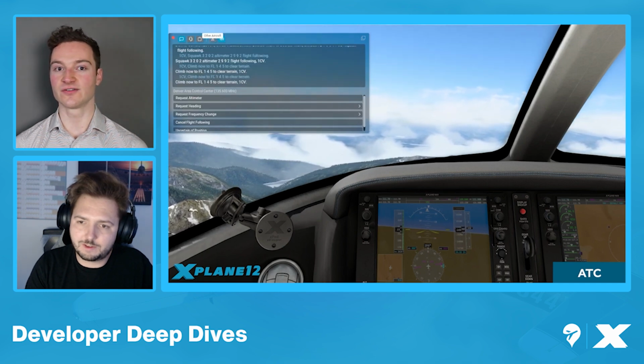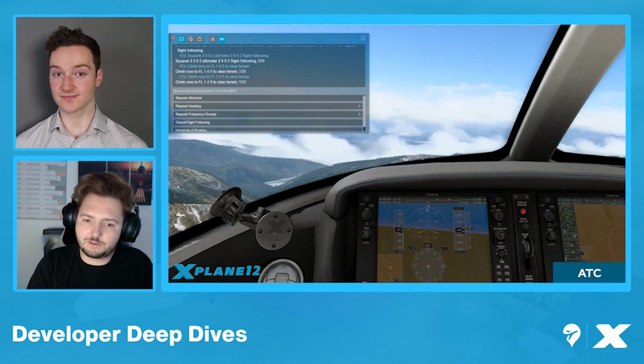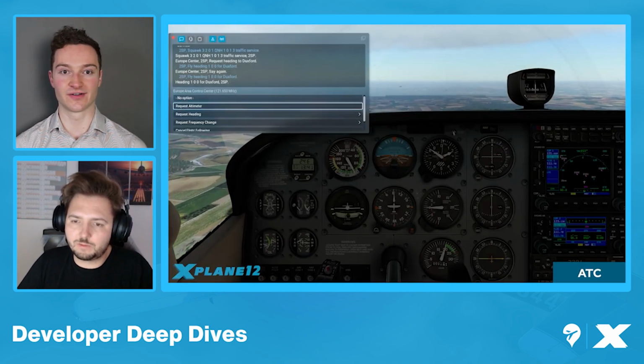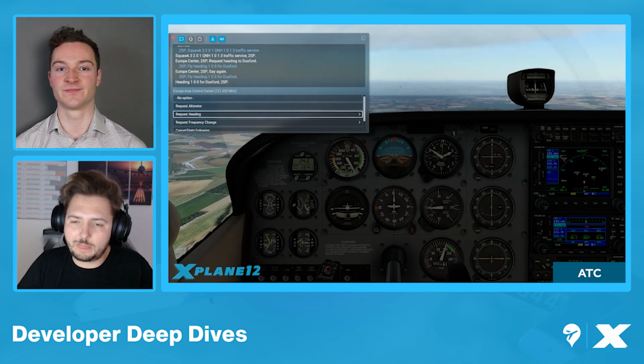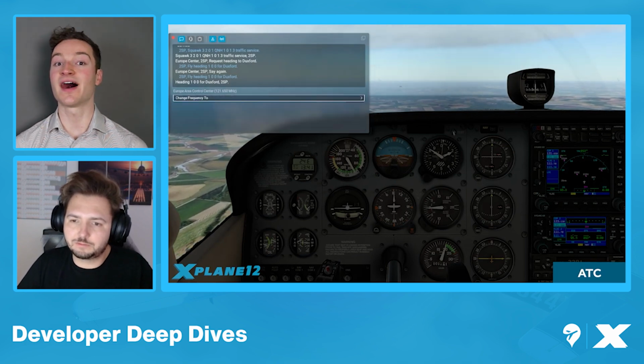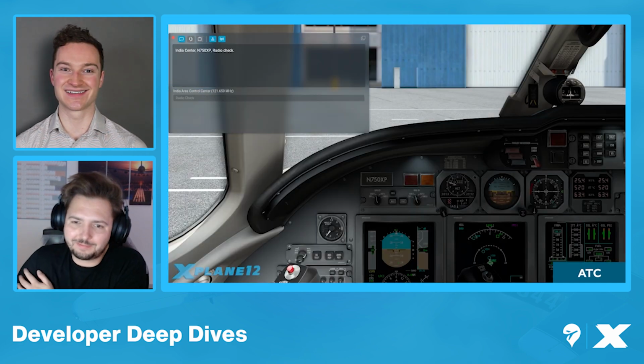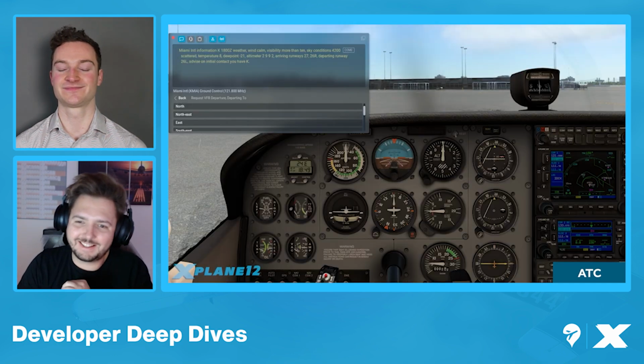He's revamped our entire ATC system to not only be ready for IFR flying, but also VFR flying. So if you want to do a traffic pattern, have flight following, do a low pass at an airport, all of that is now possible with X-Plane 12's ATC. And we can't wait to see what he does next with that system too.